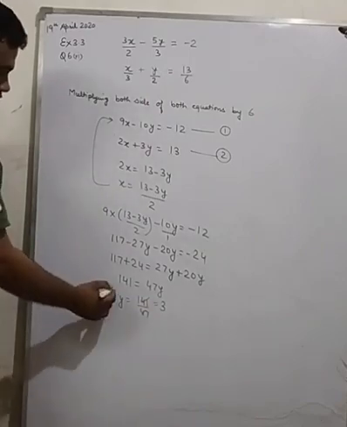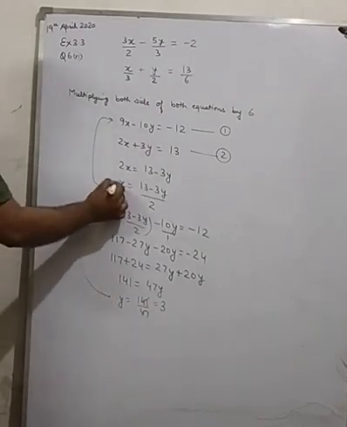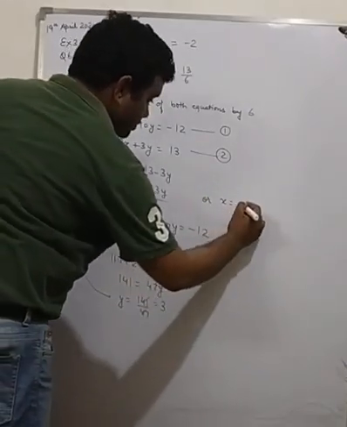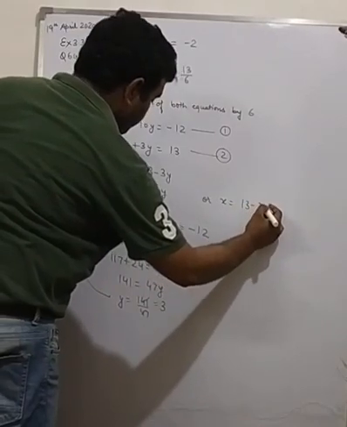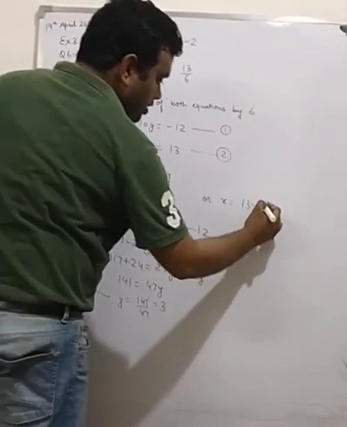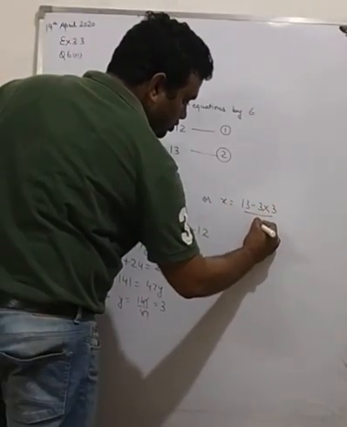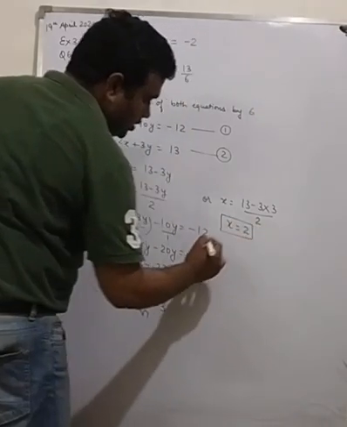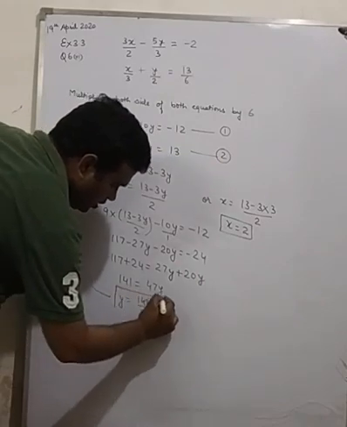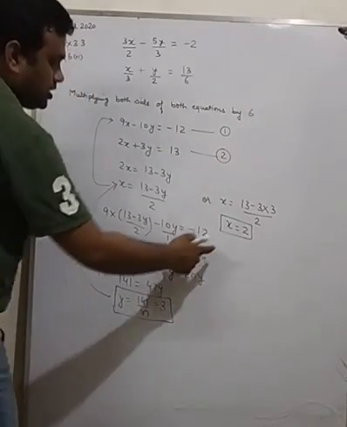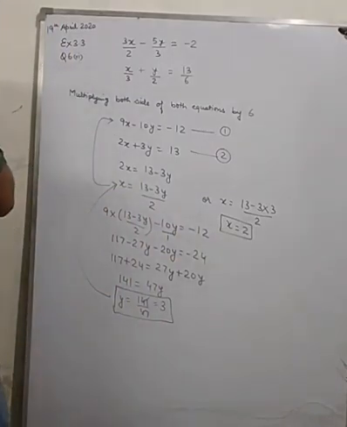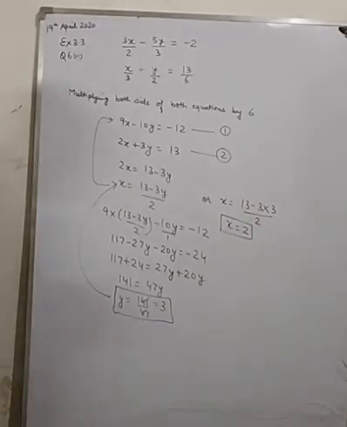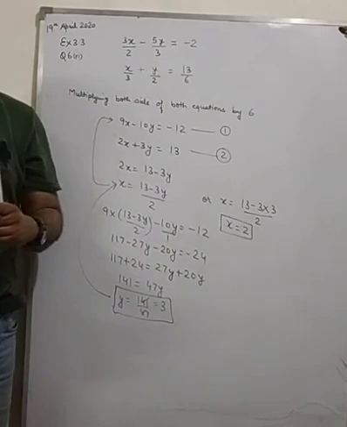If we put this value of y in this equation for x, so x is equal to 13 minus 3 into 3 by 2, so x is equal to 2. So after solving this equation using the substitution method, we get the value of x as 2 and the value of y as 3.